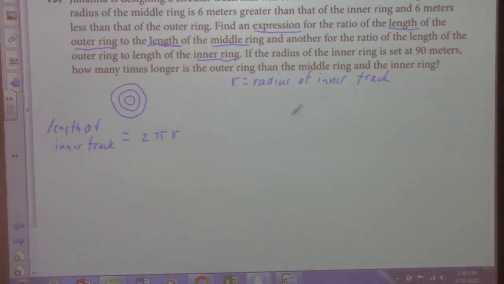Anyway, here we have the length of the inner track, and what's going to be the length of the middle track? Julia says that's going to be 2 pi r plus 6. Does that make sense? Is that right?